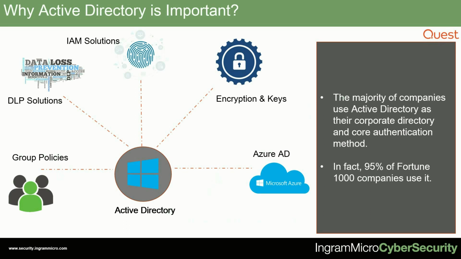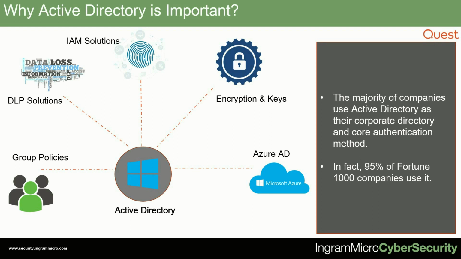Now let's understand why Active Directory plays an important role. 95% of companies rely on Active Directory as the source of authentication, because you have different group policies defined on Active Directory, which you push to the hundreds and thousands of Windows workstations.